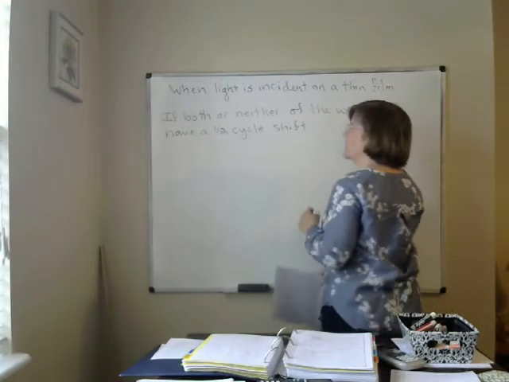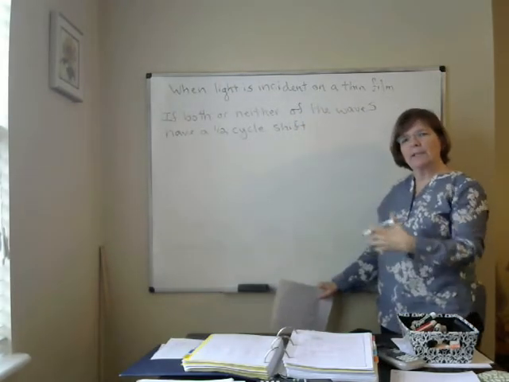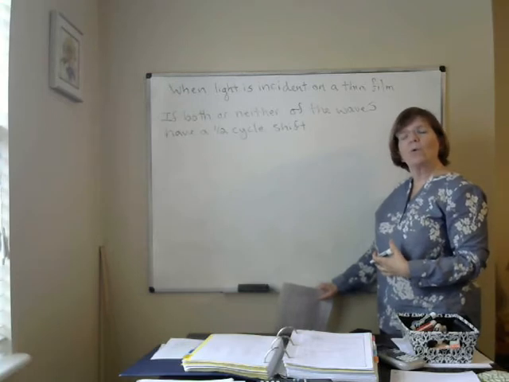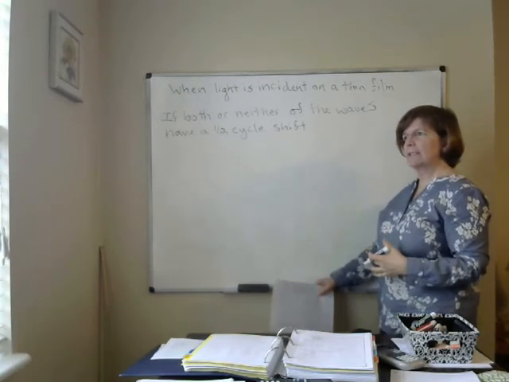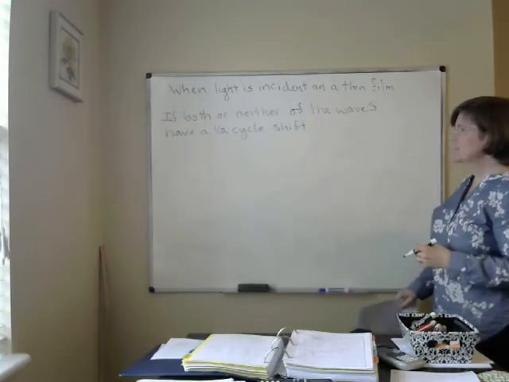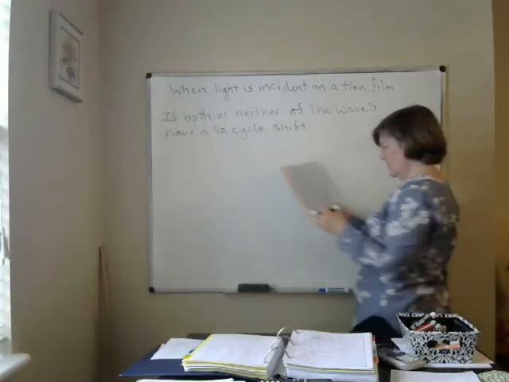So that means either neither one of them are reflecting off something with a higher density, or more likely both of them are reflecting off something with a higher density. But either case, they either both have a phase shift or neither one of them has this phase shift.